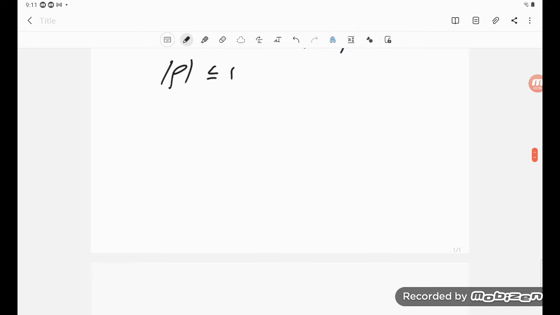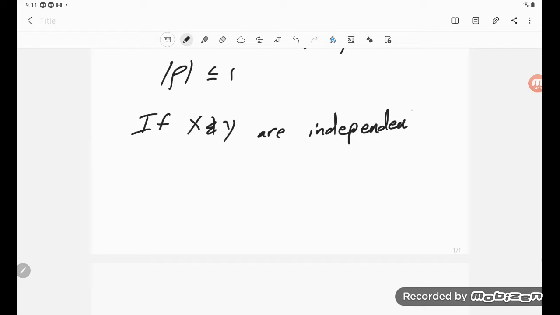But taking this a little further, if x and y are independent, then we have that the expected value of x times y is equal to 0, and so the correlation coefficient is equal to 0.